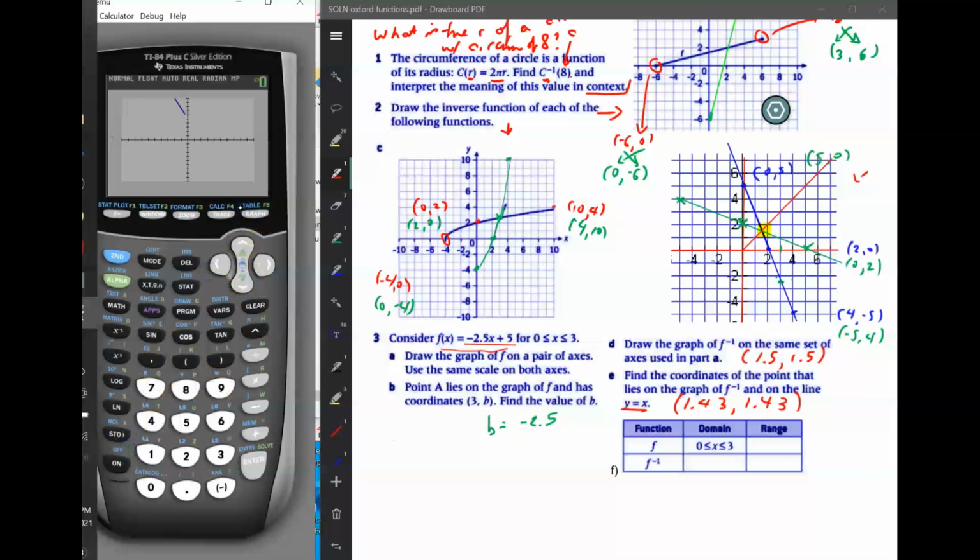All right, find the coordinates of the point. We already did that. Now we're going to write down the domain and range for each one. So the blue function has a domain of 0 to 3. Oh, look what I did there. I actually made it too long, didn't I? This blue line only goes from 0 to 3, so it goes from here to here.